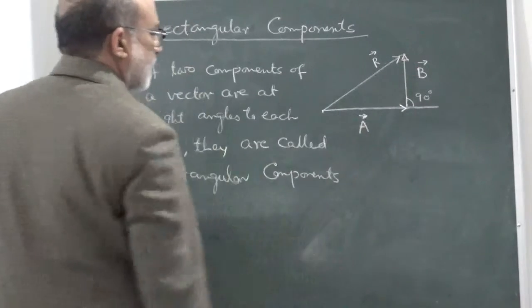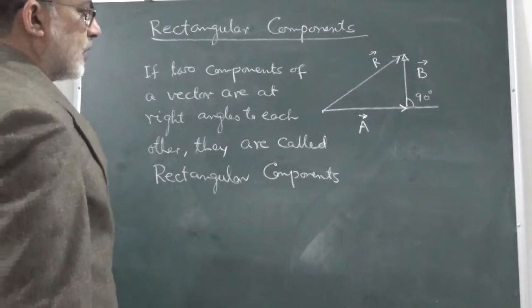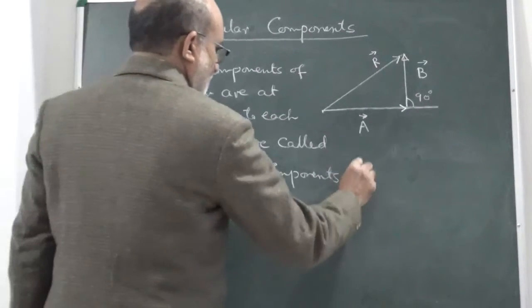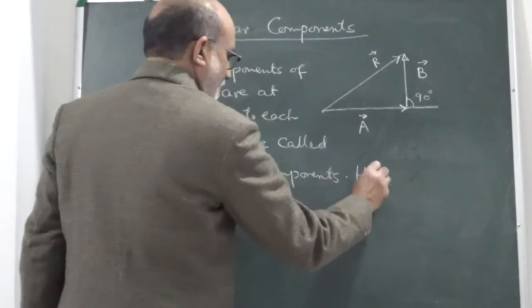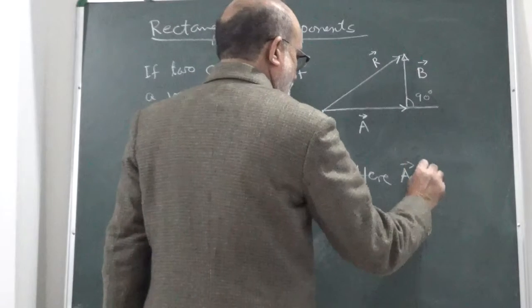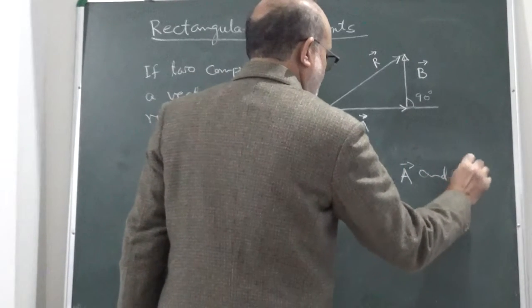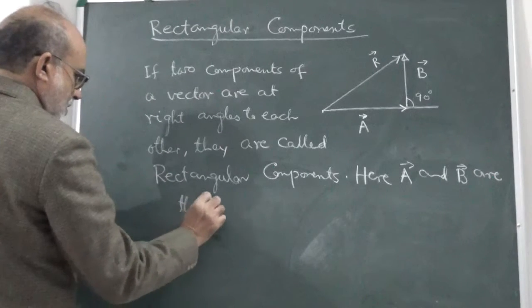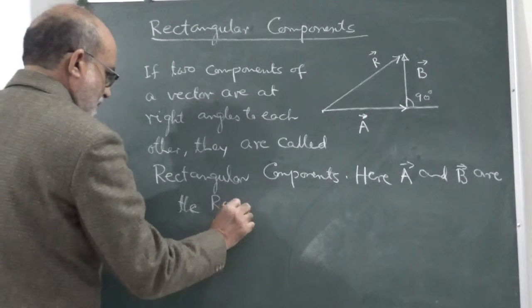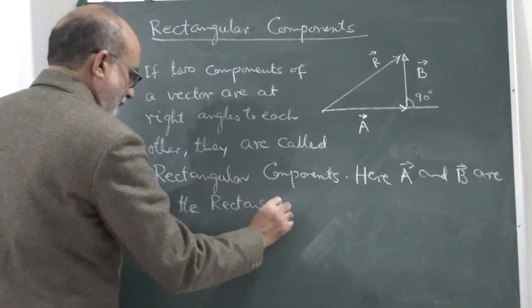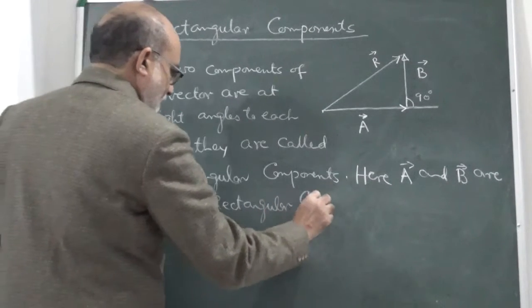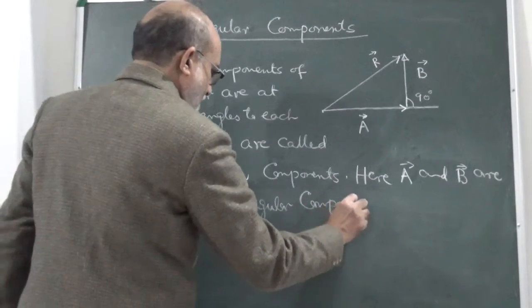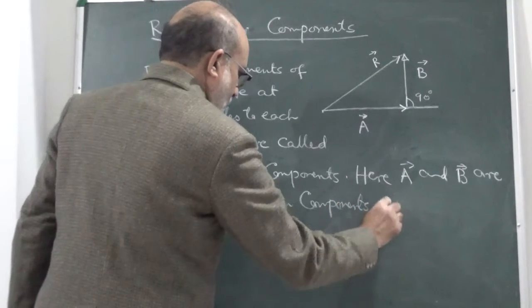Here A and B are the rectangular components of the vector R.